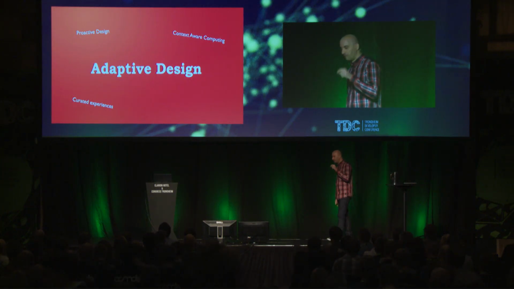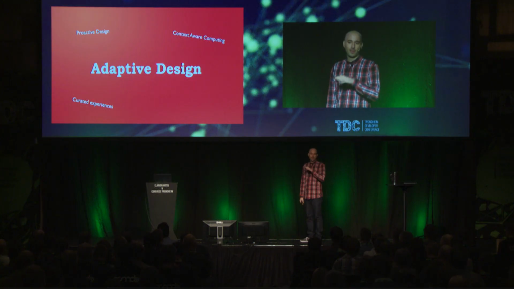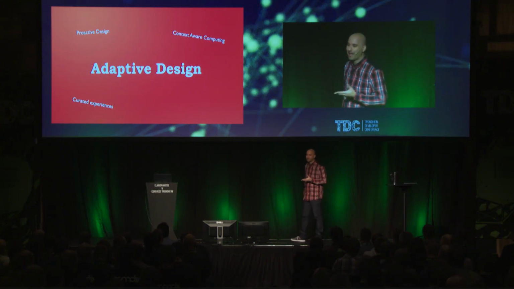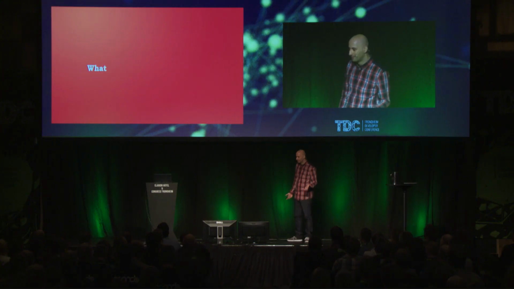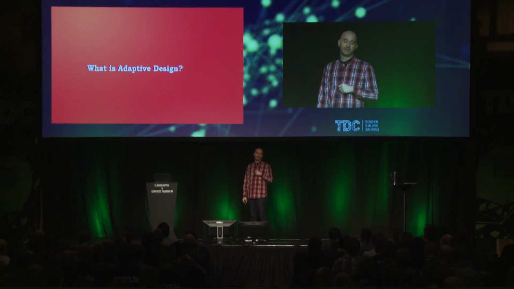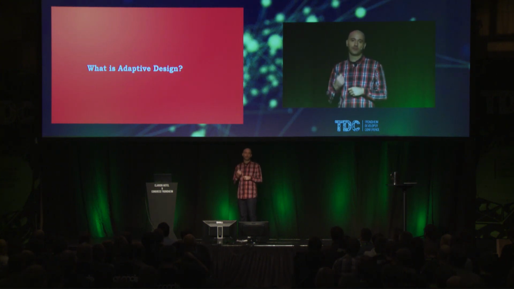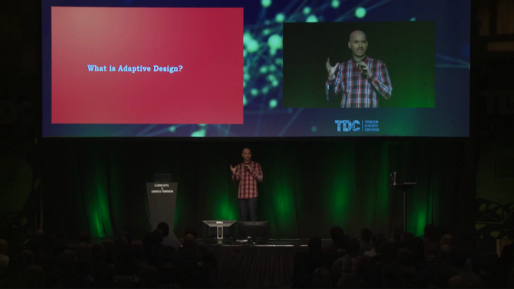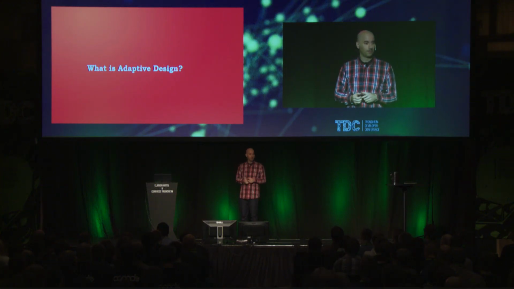So, if I stopped my presentation right now, some of the best minds in this room would probably ask me, Avi, what is adaptive design? And I will answer. I will say that, in computer science, the term adaptive design refers to a process in which an interactive system changes its behavior according to the context of use.